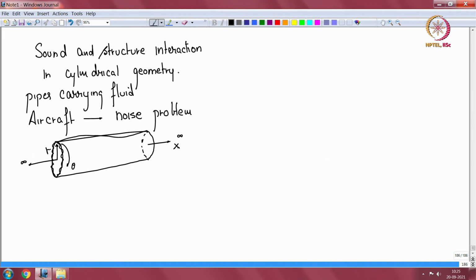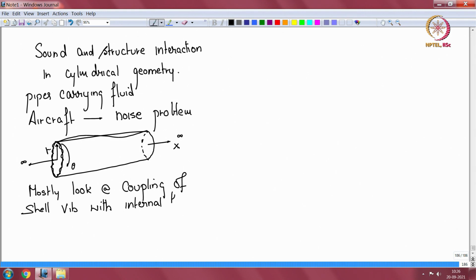Now, one more thing: we will mostly talk about coupling of shell vibrations with internal fluid, not so much with exterior.